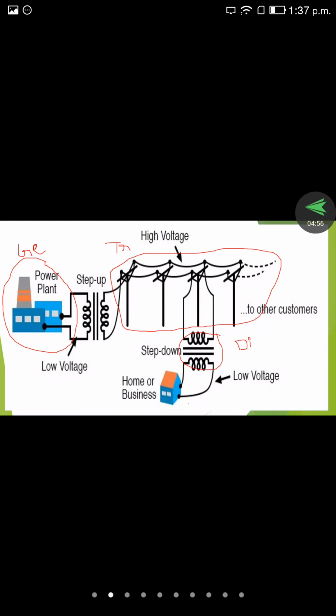Last, finally, is utilization. Utilization is nothing but the power consumed by the consumers. That is called utilization. So these are the major 4 topics covered in the power system structure.